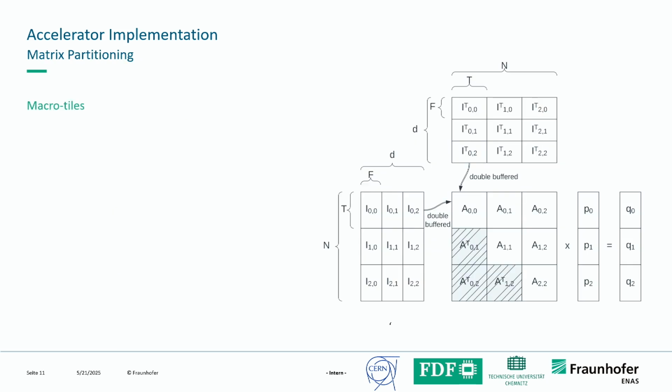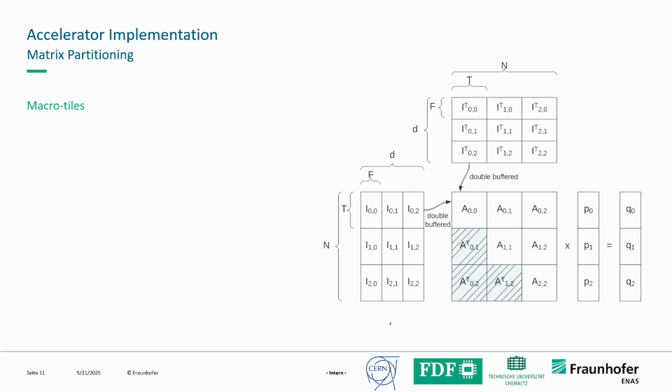As for the kernel matrix partitioning, this is a typical partitioning algorithm that I think is really famous. We have the kernel matrix shown here as A, and it's tiled, with tile size T by T, and T should ideally fit into memory, whatever local memory you have inside your FPGA, the VRAM.